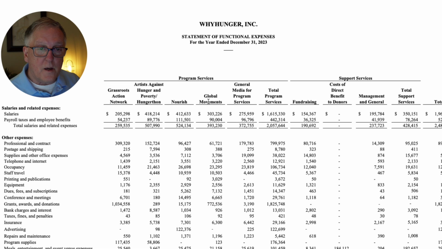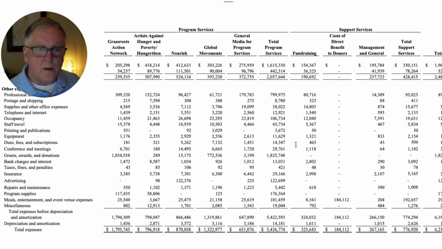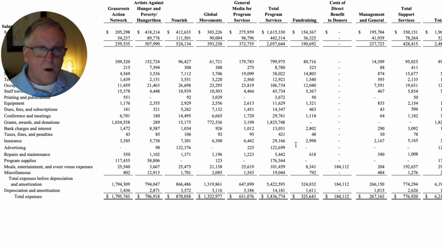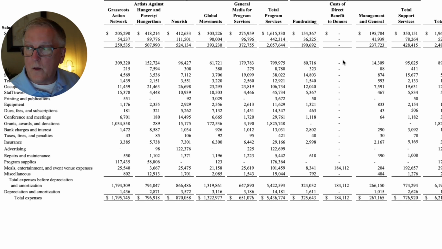What you'll see here is for each of those programs that we looked at earlier, you'll see the expenses for each of those, and then the totals for each of these will tie back in the statement of net assets. So when we look at the Grassroots Action Network, that's a program, we go down the bottom, we see 1.7 million.